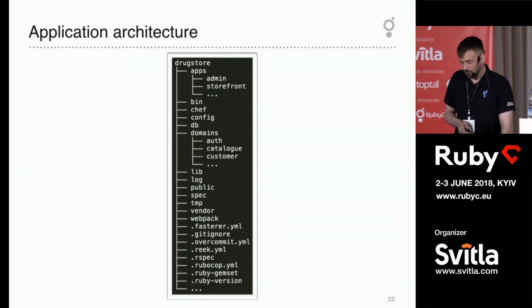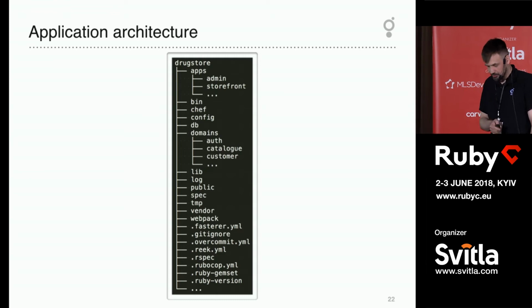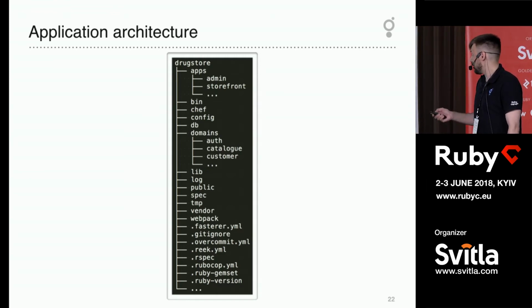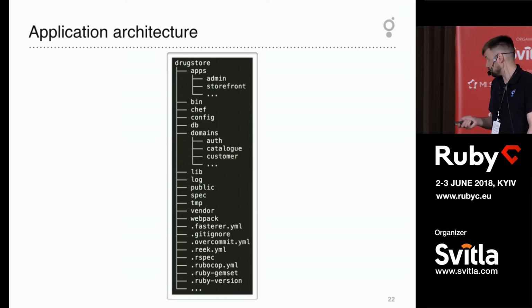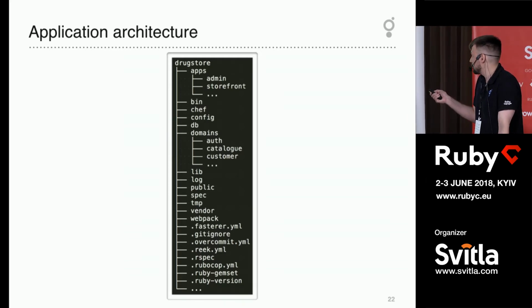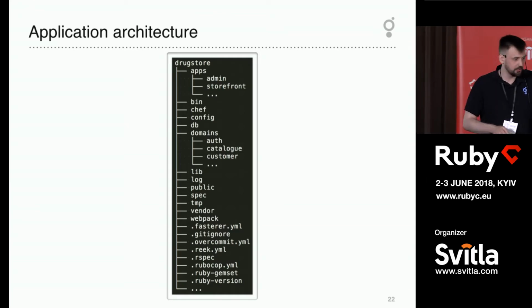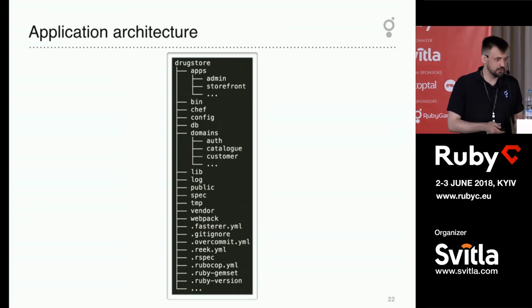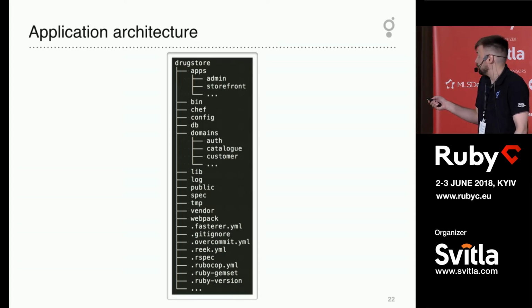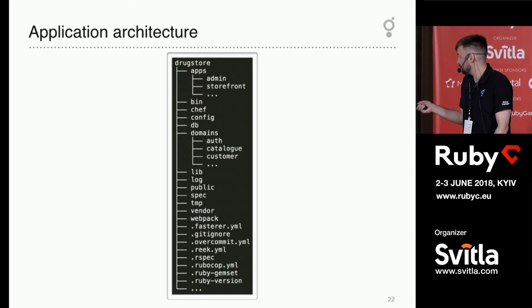The main idea of clean architecture is to separate applications and domain logic. For example, we have a Storefront application and an application for the admin panel. These are two different types of applications, and we decided to split them out.